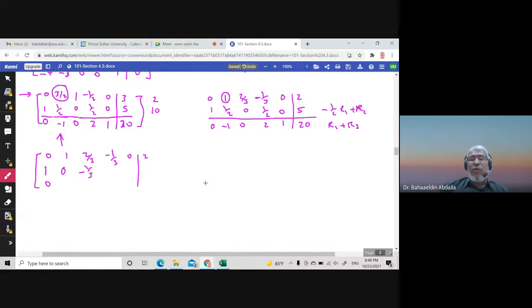Now negative half times negative 1 over 3, 1 over 6 plus half. And that's 2 over 3. And this is 0. It will not change anything. And negative half times 2 is negative 1 plus 5. That's 4.